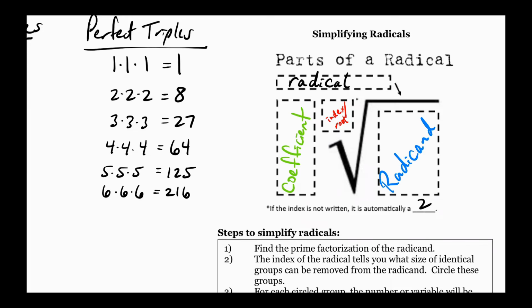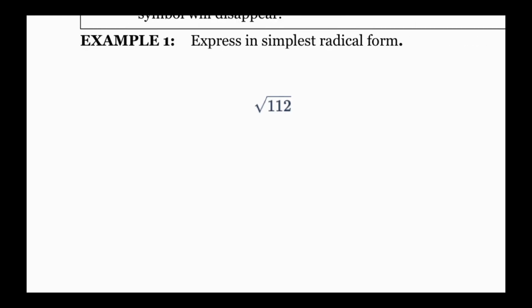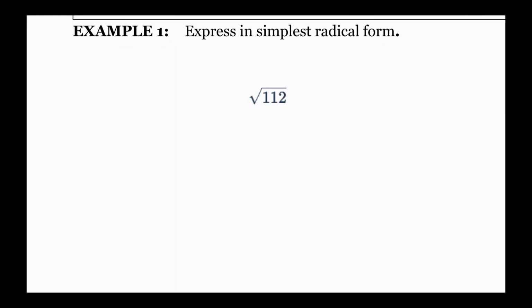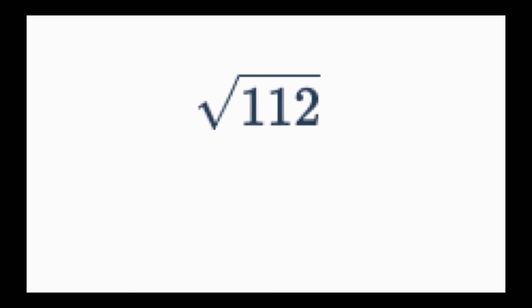All right, so let's go back to the notes now. The steps we're not going to worry about right now because we'll do the first one together and do the steps together. So example number 1 at the bottom of the first page: the square root of 112. Is this a square root or a third root? How do we know it's a square root?